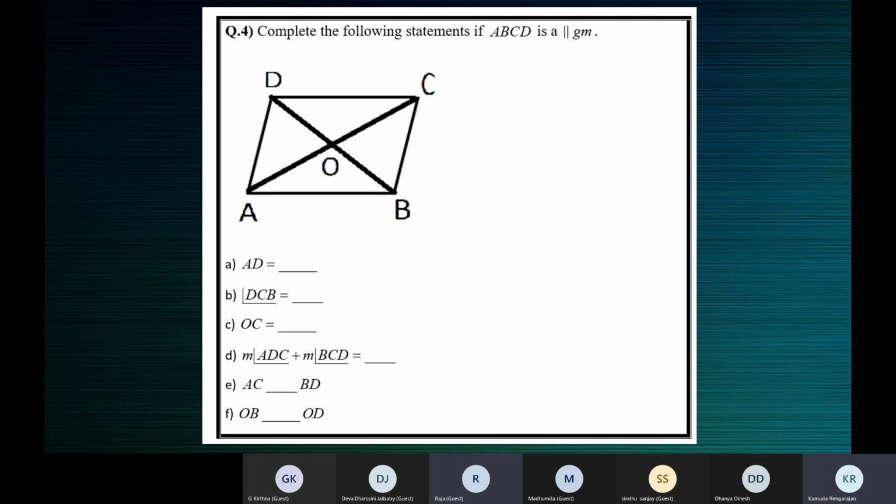Very good. So in the blank you'll have to put the equal to sign. Put the equal to sign in the blank. The symbol you must write. Don't write in words. AC equal to BD. Very good.